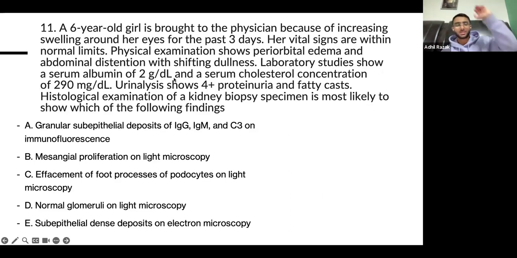By this point, you know that this is nephrotic syndrome, and serum cholesterol concentration 290, hyperlipidemia, proteinuria, fatty casts. Histological examination is most likely to show which of the following? It's a very classical nephrotic syndrome, 6-year-old girl with periorbital edema. Any answers?